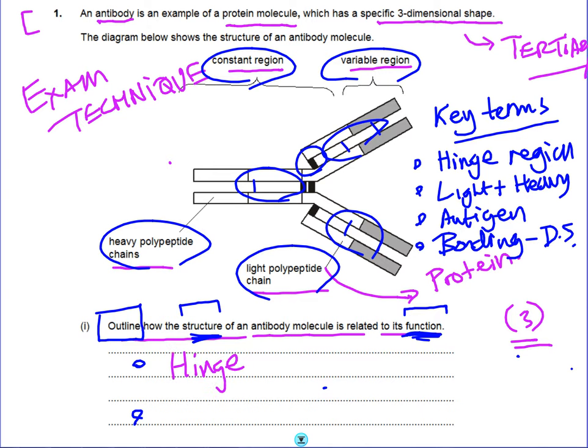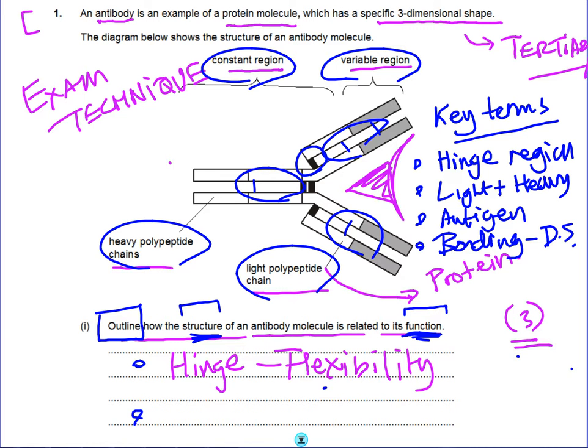What the hinge region does, it gives it flexibility, so that when it is attaching to the antigen here, on the surface of the pathogen, it can adjust and it can move and tweak its shape so it fits in, a bit like putting your hands and your fingers into a glove. The shape of the material is flexible, it allows accurate binding. So that happens there as a result of that structure.